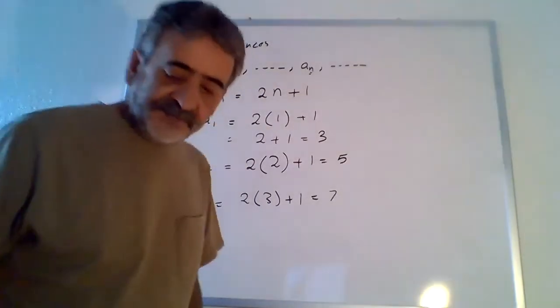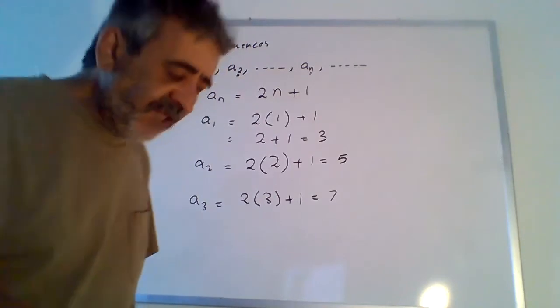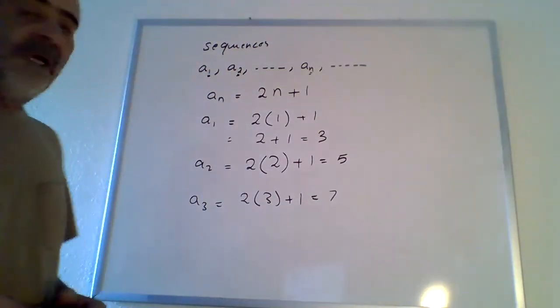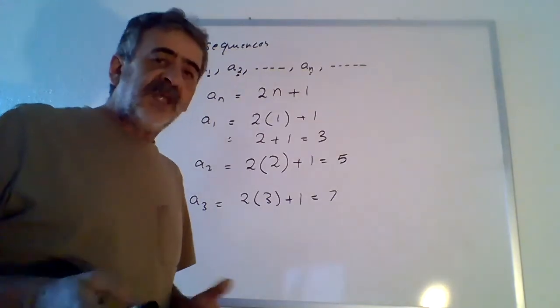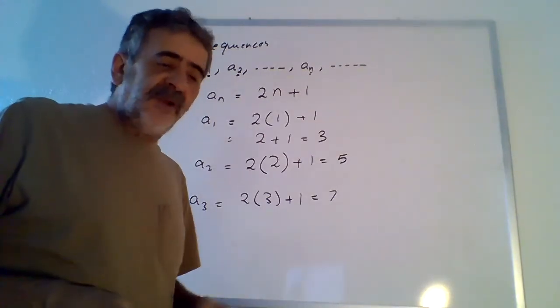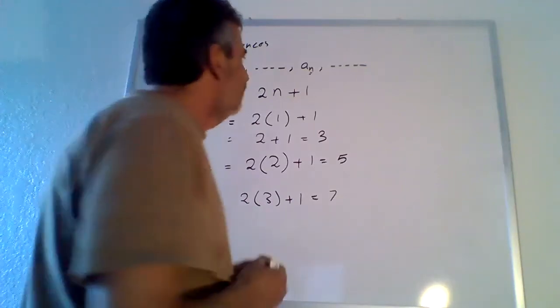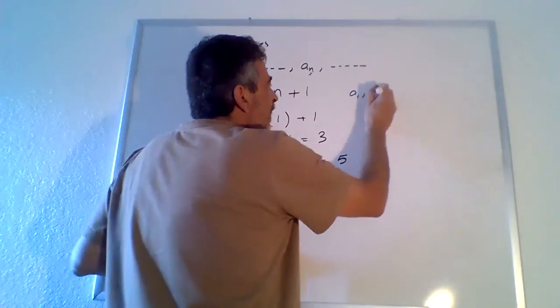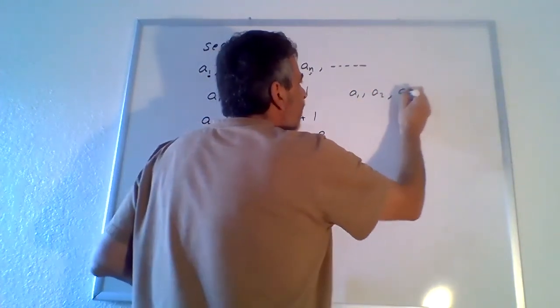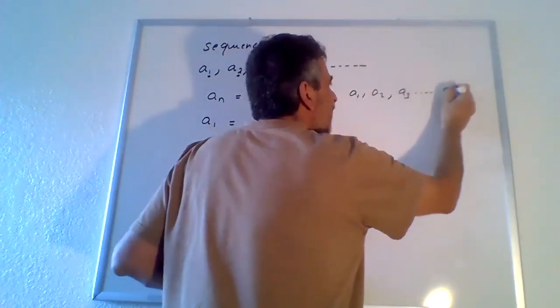Second, we have two types of sequences. One is called a finite sequence. A finite sequence is a sequence whose number of terms is known. For example, we have A1, A2, A3 to An.